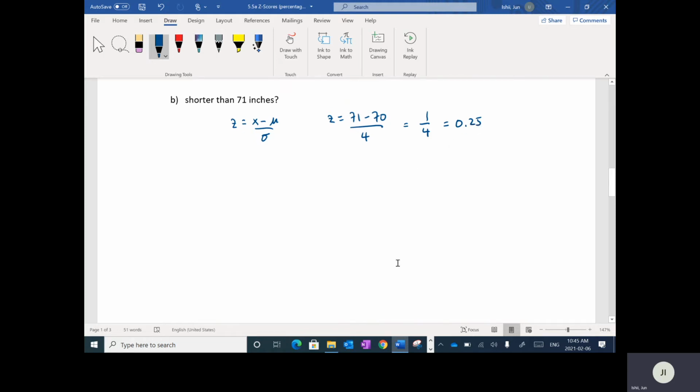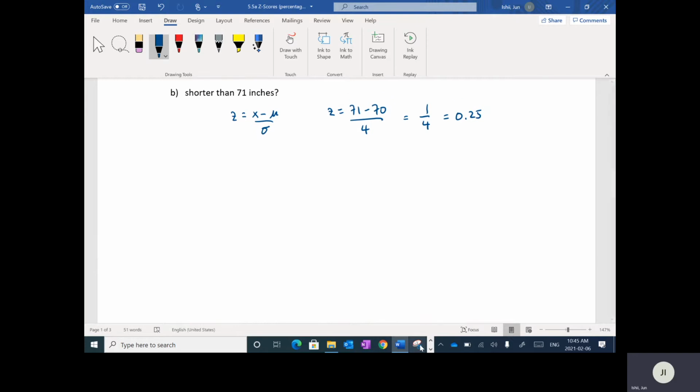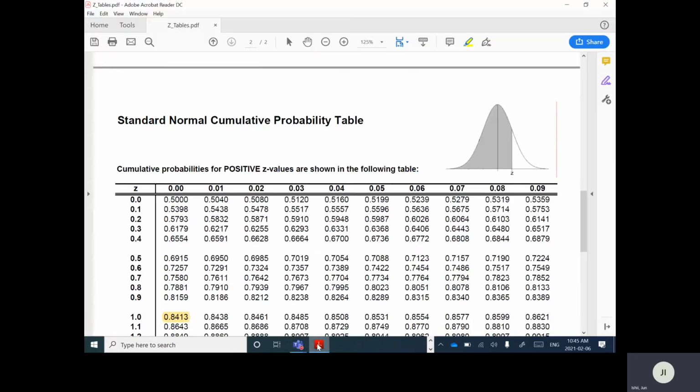Then let's go to the Z table. I want to look up positive 0.25. I'm going to go down this column. Here's 0.2, and then I go across to the 5. 0.25 is this number right here.